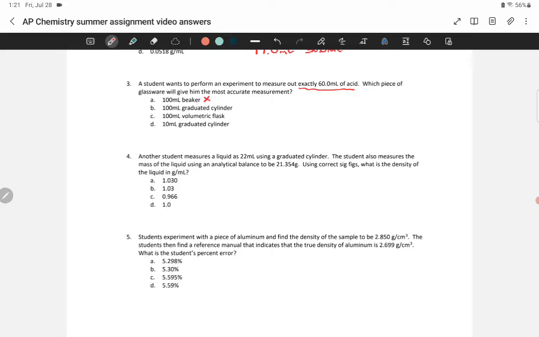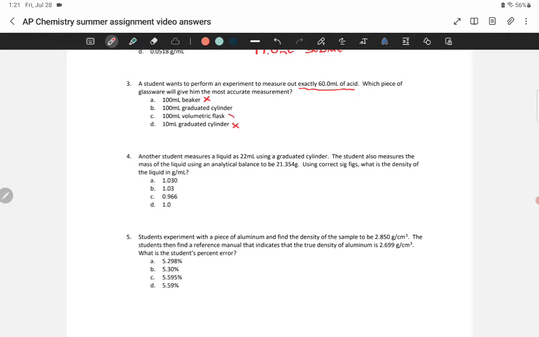They're good for heating solutions, but they're not good for measuring because they don't have enough increments. A 10 milliliter graduated cylinder isn't going to get us to 60, so we'd have to use that 6 times, and that's not really going to give us the most accurate results.